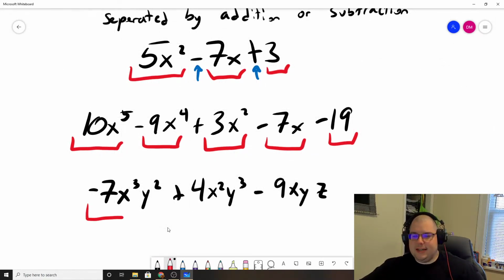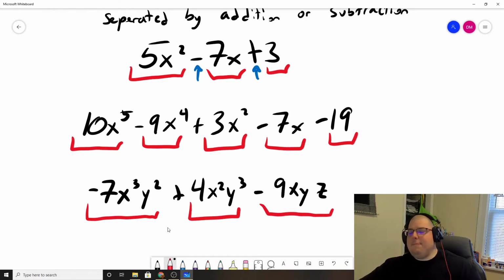Everywhere we see addition or subtraction marks the stopping and starting of a term. So multiplication is what's holding a single term together. Once we start subtracting or adding, it creates a new term. So negative 7x cubed y squared is one term, 4x squared y cubed a next term, and negative 9xyz is the last term in that polynomial.